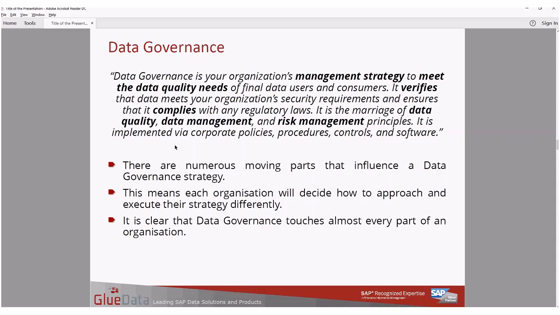I can't govern one part of my business and another part not, because at some point all of this meshes, and you may then run into other issues, or you're only as strong as your weakest link. Let's put it that way. So a data governance strategy needs to be applied across the entire organization. It may differ from, let's say, department to department or system to system, but effectively there are principles that are the same.